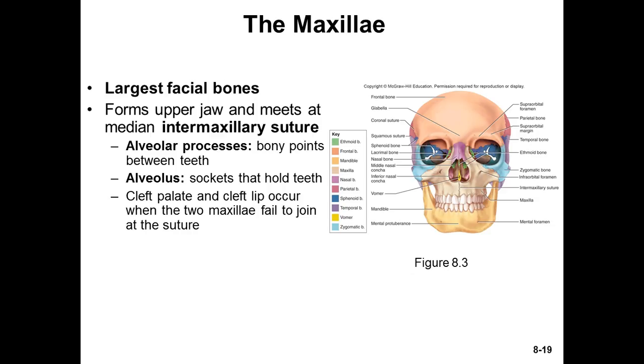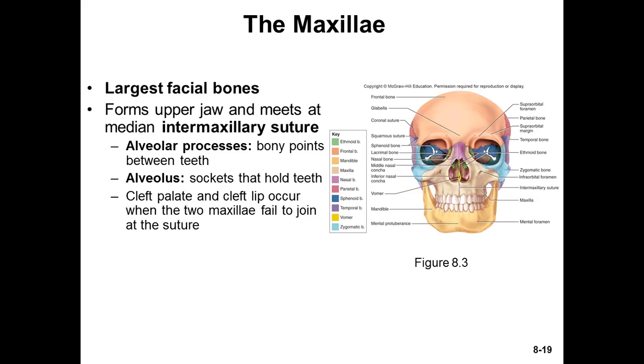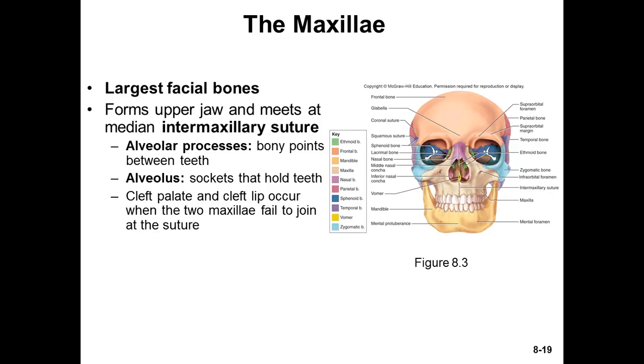The maxillae is the largest facial bone that you have. That's on page 243 of your textbook. There are 2 of them. If you go back, how many do you have? 2. There's an intermaxillary suture connecting the right and left maxillae where they meet.